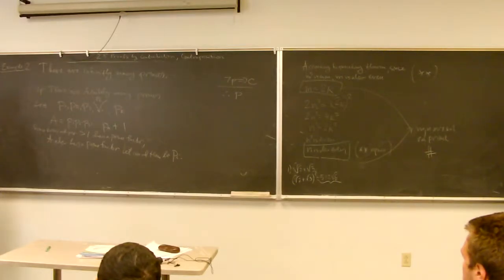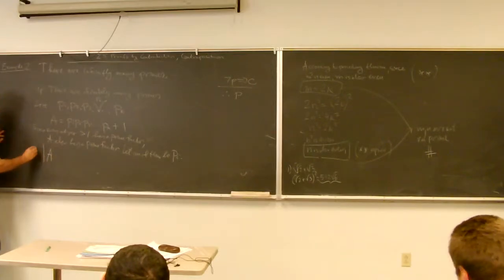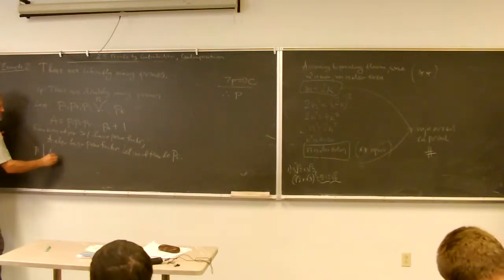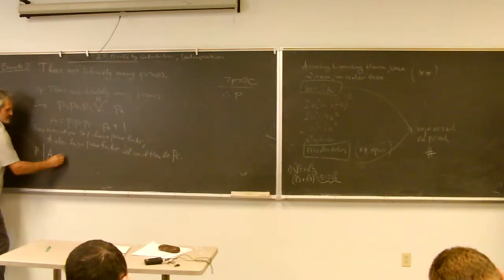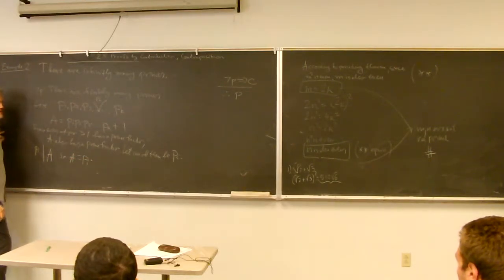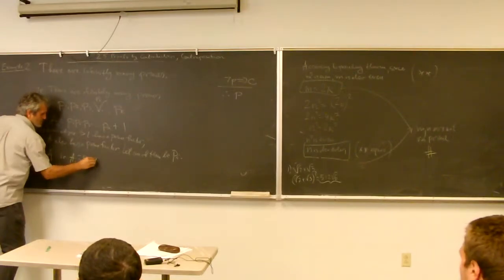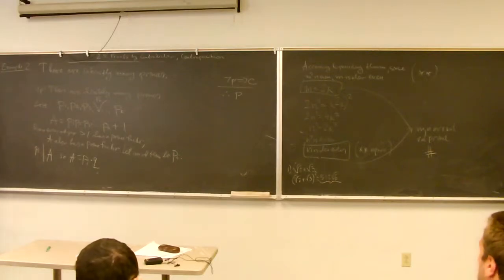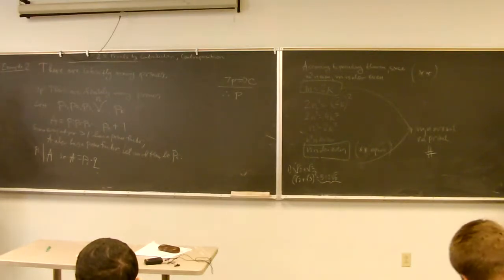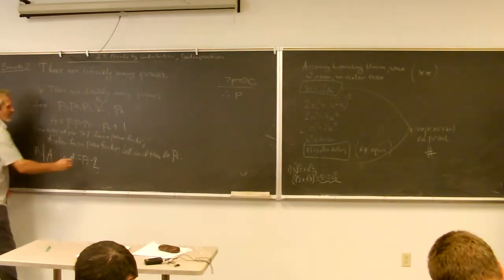So what then? My number A is divisible by Pi, which means A equals what? Pi times what? Times K. I cannot use K. Q. Is it nicely divisible? Is that what we assume? So how much is the remainder when you are nicely divisible?